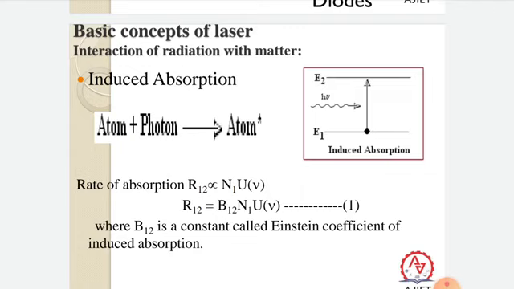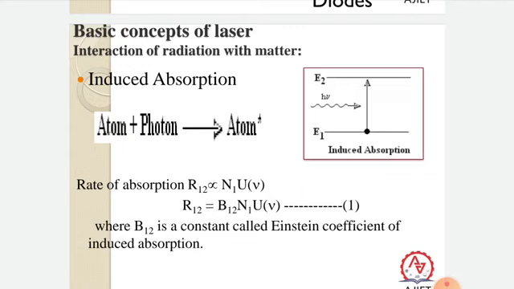Hence, it can be written as the rate of induced absorption R12. Note I have used the notation 12, that is an atom getting excited from state 1 to state 2. Hence, R12 is directly proportional to N1 into U of nu.